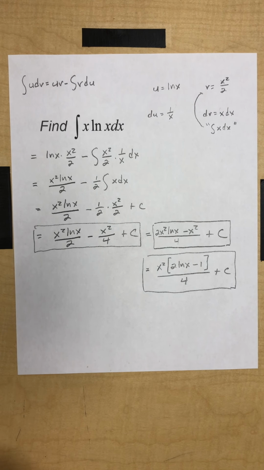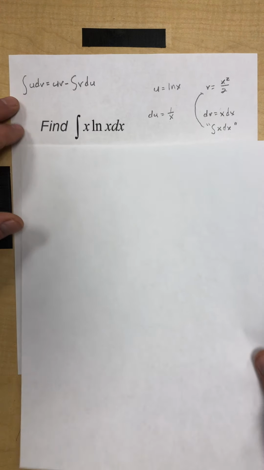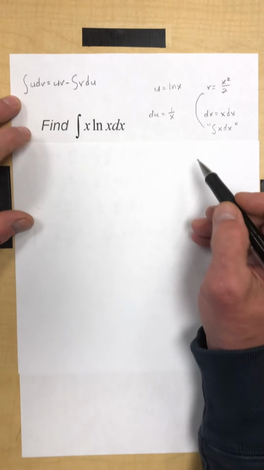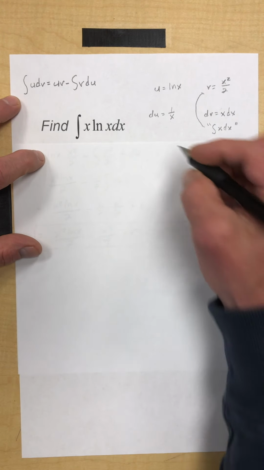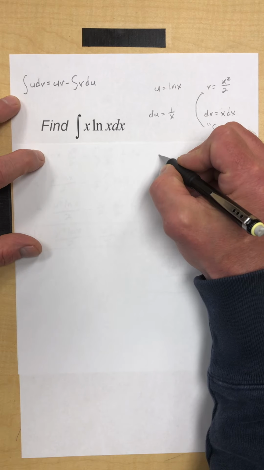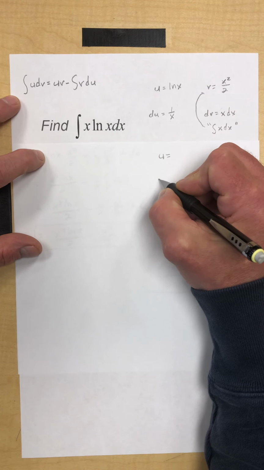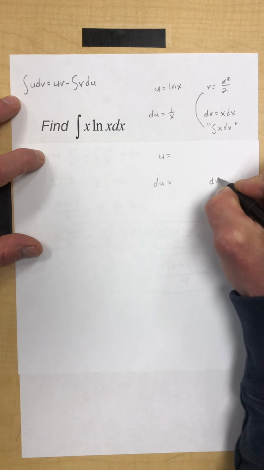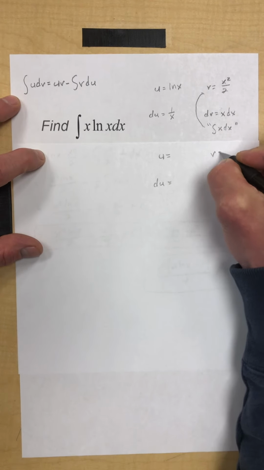So we go the other route, and we say, well, what's another way to do it? Well, what if I switch the u and the dv? This is kind of cool, what happens here. So my du, my dv, and my v.